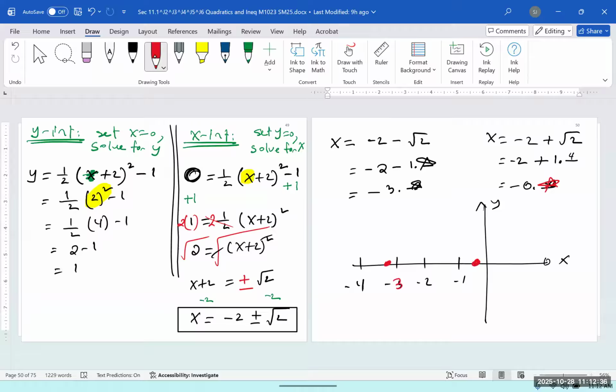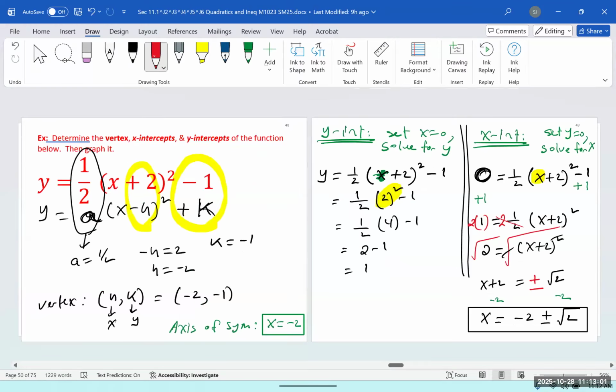And then your y-intercept. What's our y-intercept? 1. So if this is 1... wait. When x is 0, y is 1. I did something wrong. 2 squared is 4. Is my formula correct? So 2 squared is 4.